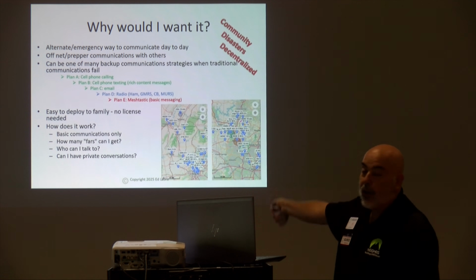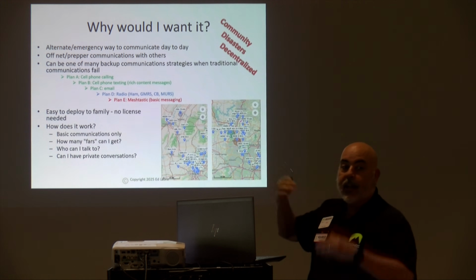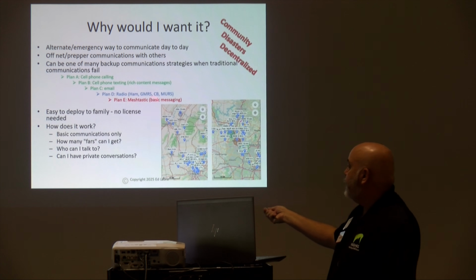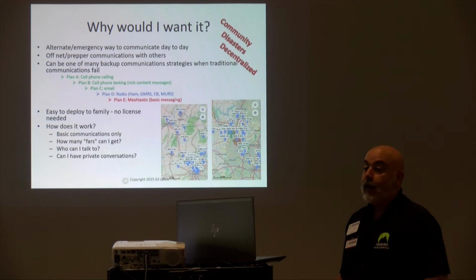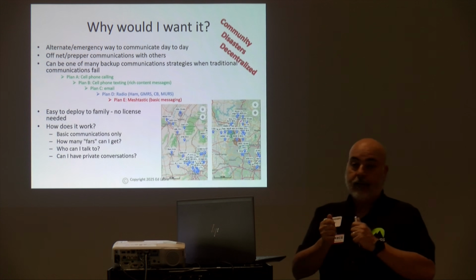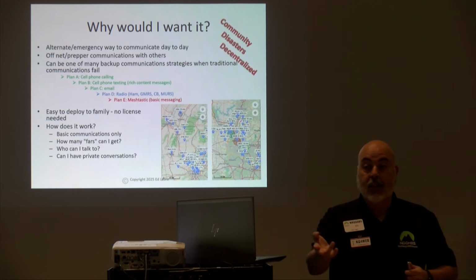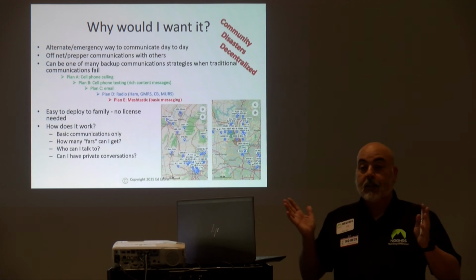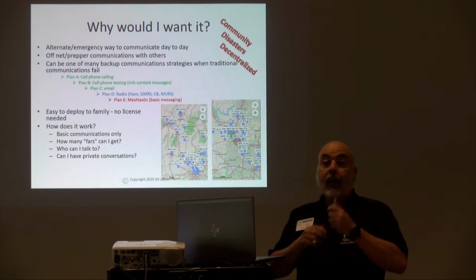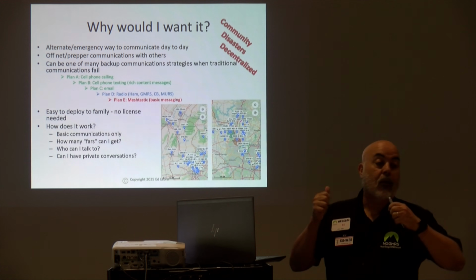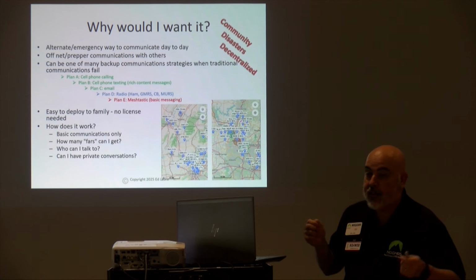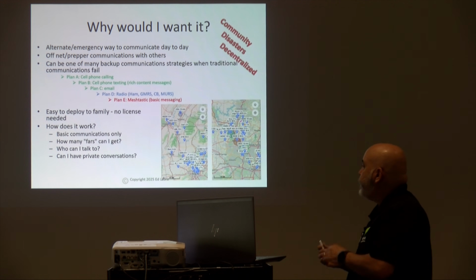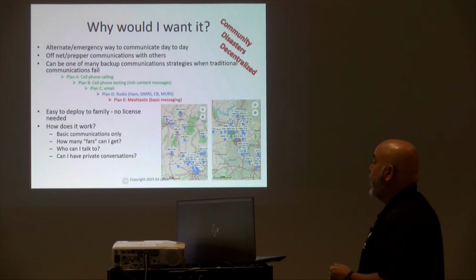The further down you go in this layered approach, the less function you have. When you get down to E, Meshtastic, all you can do is send messages back and forth. You can't attach anything, you can't send a picture, but oftentimes, especially in emergencies, that's all you need. Help, I need water, or where can I get gas in Kennesaw, and send it out. So it's very useful when you need it.